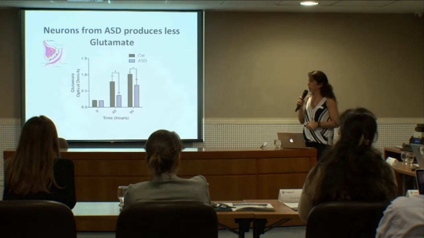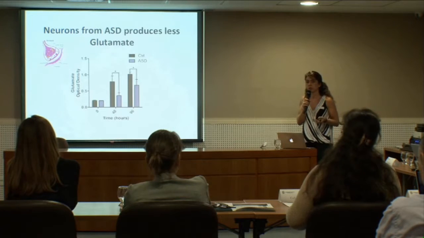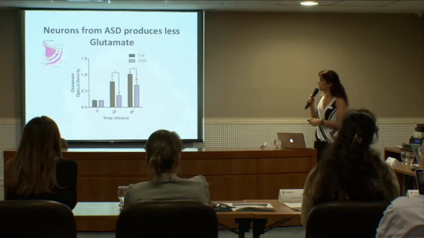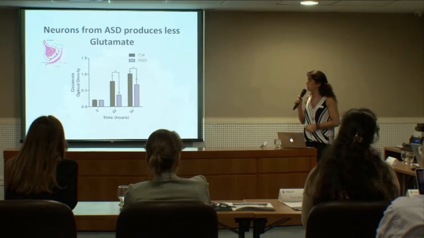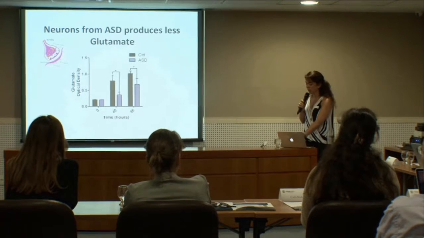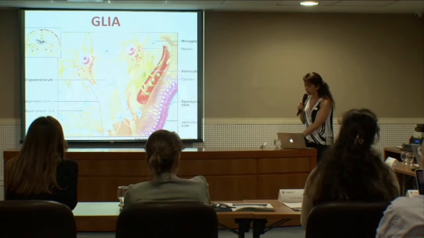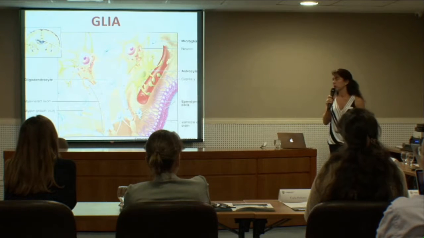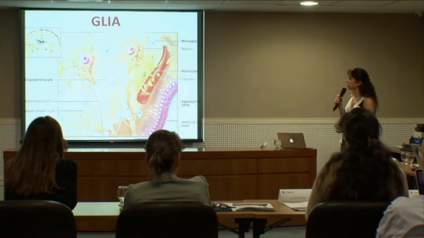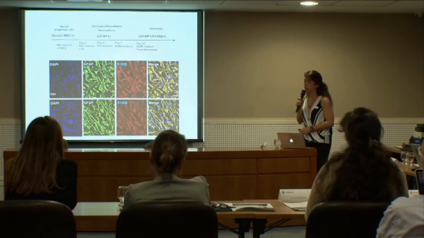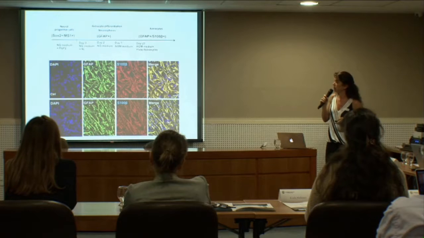Also, we measured glutamate, which is a very important neurotransmitter, and we noticed that autistic patients present less glutamate compared with the controls. And also, we produced the glial cells, the astrocytes, separately from the neurons, our mixed population of neurons.